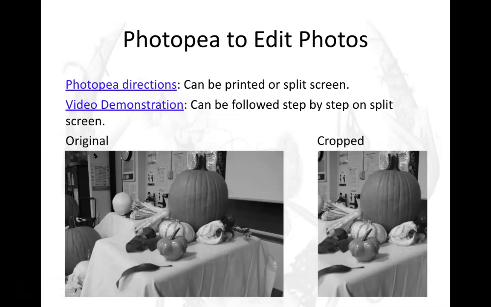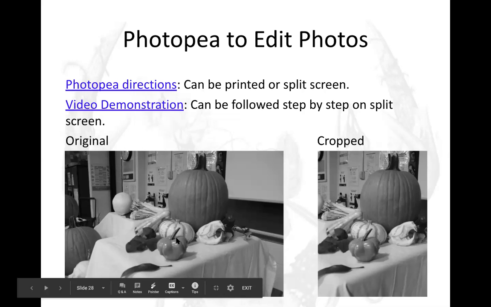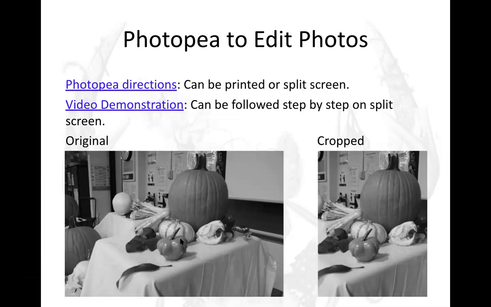Okay, so this first one on the left, you guys see the one on the left? That's my original photo. Then I saved it and I put it in a program called Photopea. Photopea is very similar to an online version of Photoshop. You're going to go in there and crop it. Notice I cropped it as a vertical.